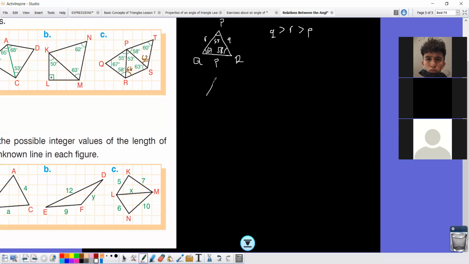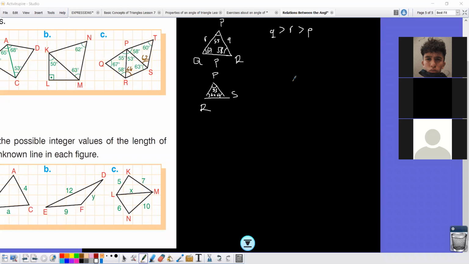In the second one, I will draw a small one: R, P, S. Here I have 53, here I have 64, and here I have 63. Can you see?